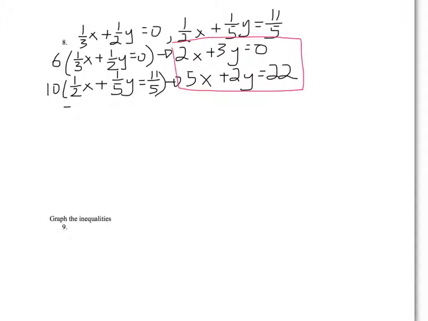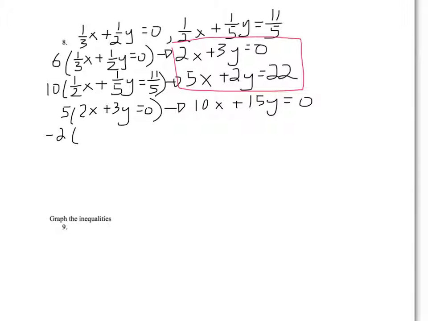So 5 times 2x plus 3y equals 0, and that's going to result in 10x plus 15y equals 0. I'm going to take the second equation, and multiply it by negative 2. So I'm multiplying 5x plus 2y equals 22. So you see my x values will now disappear.